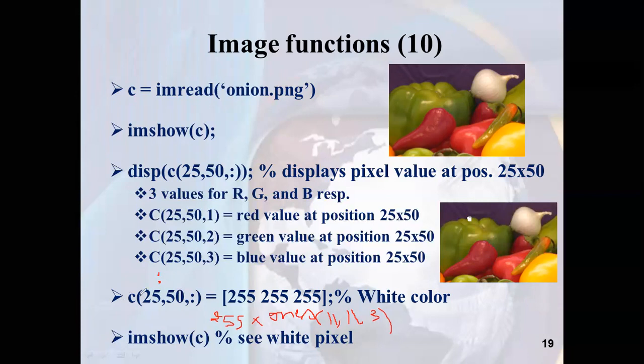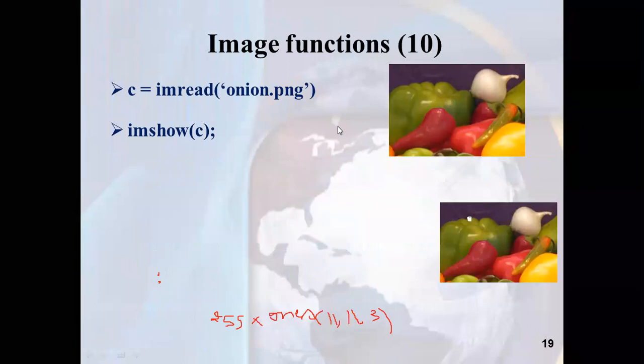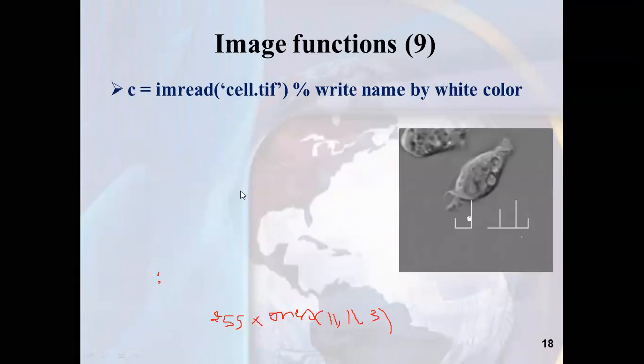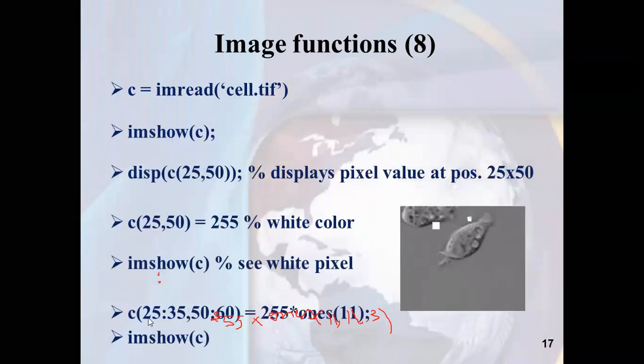So in this case, we can write C(25:35, 50:60, :) equal to 255 times ones of 11, comma 11, comma 3.